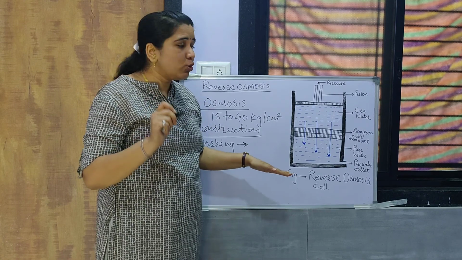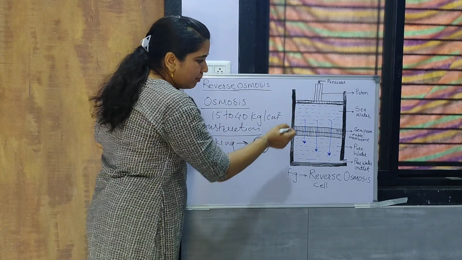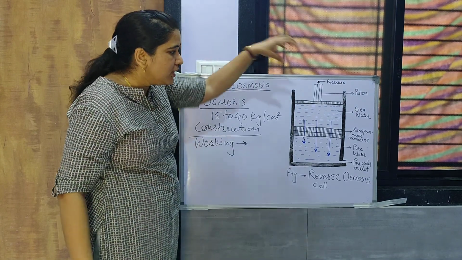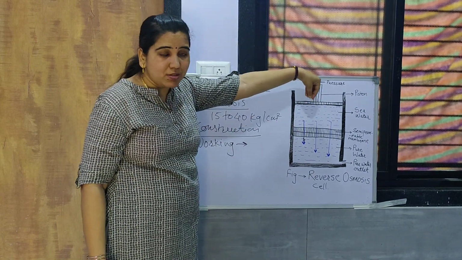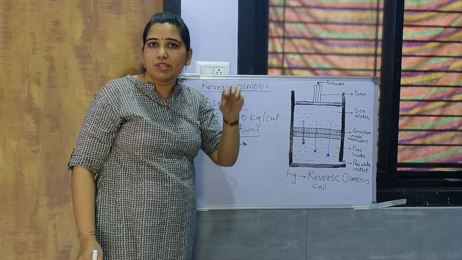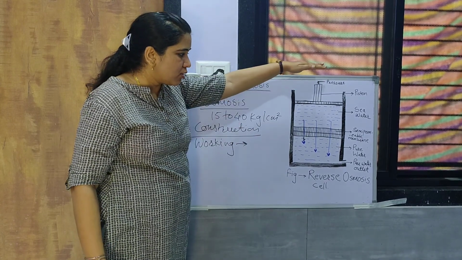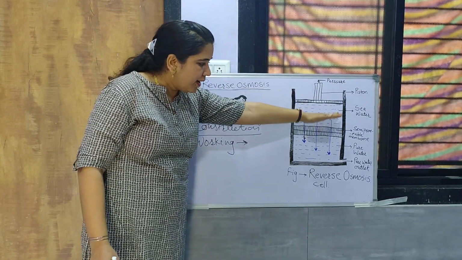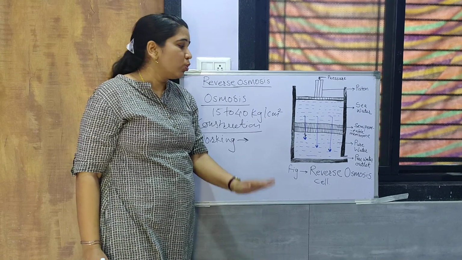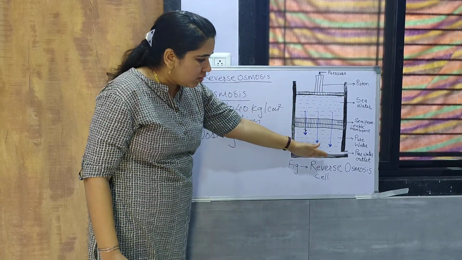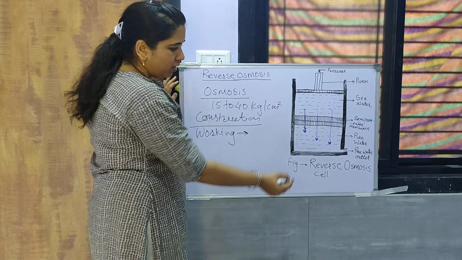So only the free solvent is passed through this membrane, and it moves toward the lower side. By using this pressure through the piston, the sea water and the different types of impurities and salts remain in the upper compartment, while only the water, which is totally pure water, is passed through to the lower compartment.